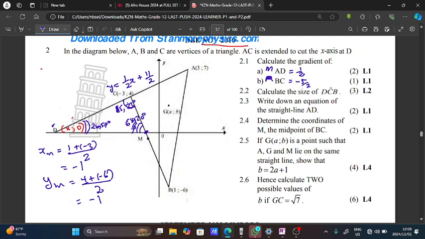So can you see that M is negative 1 and negative 1? So now you have the coordinates of the midpoint. Is that clear? Any question? So M is negative 1 and negative 1. Then you'll be done with this equation, which is the midpoint of BC again.